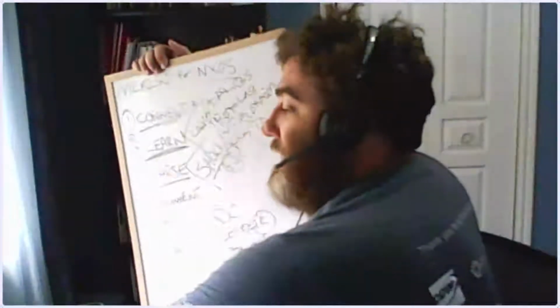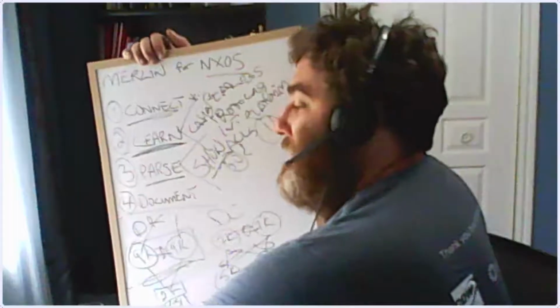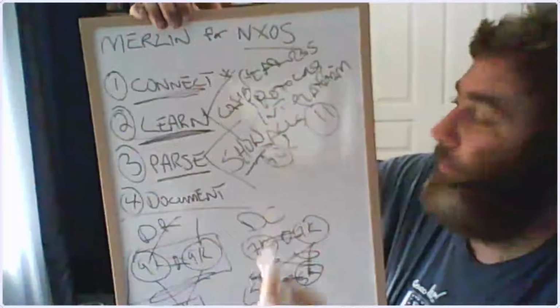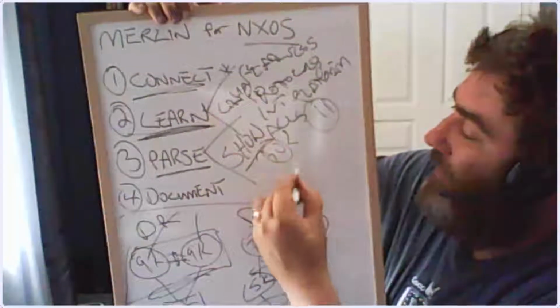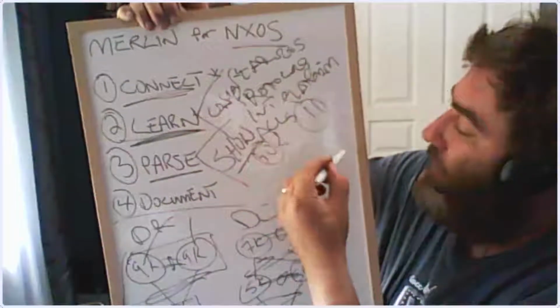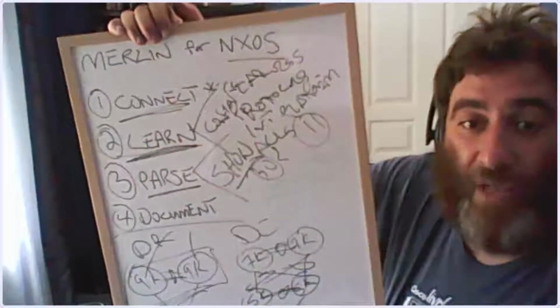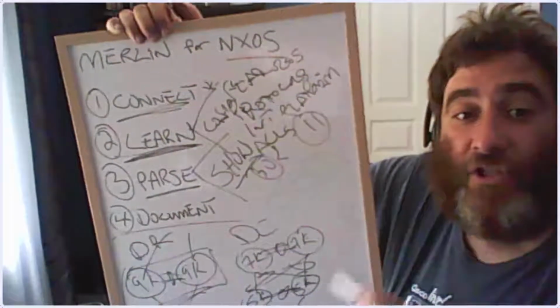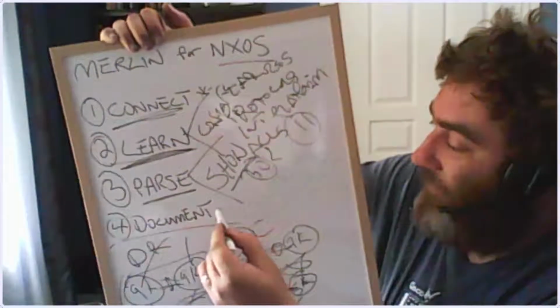Okay, so we have learned and we've parsed data. Well, what does that mean for us? Well, it means that as of this step in the Python, in the Merlin job, we have JSON, JavaScript object notation. Okay, now this JSON, we want to then document.